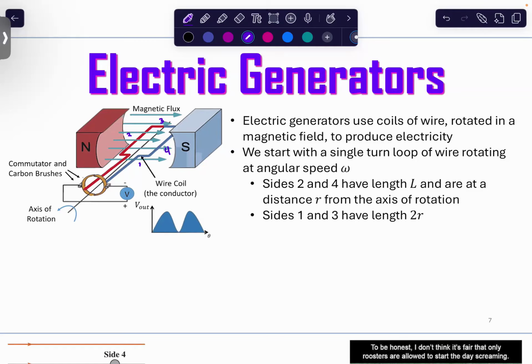If we look at this straight down the center here, on each side, the side you can't see, like side 1, would go back into the board, and side 2.